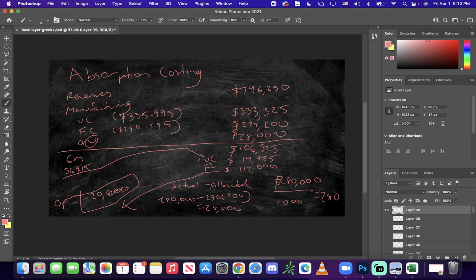Yeah, but when you multiply, you're multiplying the 280 times what again? I wasn't multiplying 280,000 by anything. Well, it's 280,000 divided by 1,000, so it's 280.